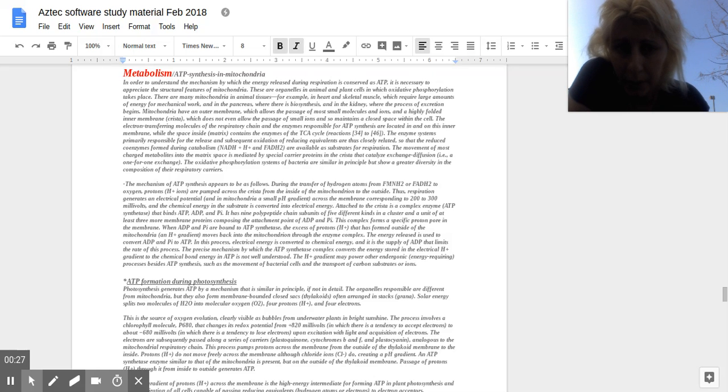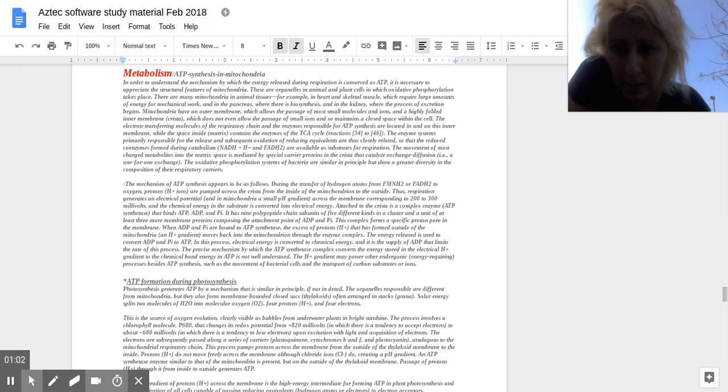The electron transferring molecules of the respiratory chain and the enzymes responsible for ATP synthesis are located in and on the inner membrane of the mitochondria called the crista, while the space inside, called the matrix, contains enzymes of the TCA tricarboxylic acid cycle.